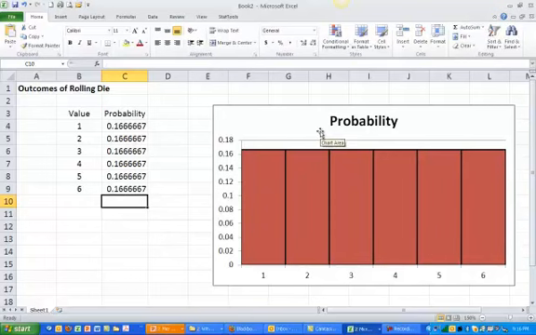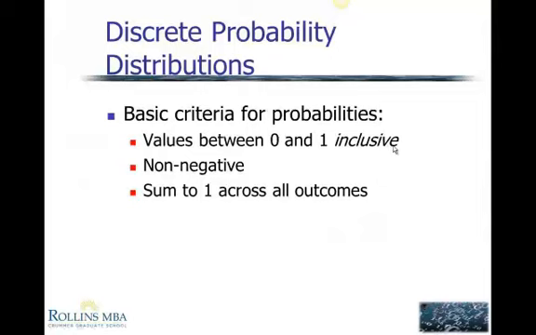What about the graph? Well, we'd expect each of the possible values 1 through 6 to have exactly the same probability. So here I've just generated a column chart, but we can see that the probabilities are all exactly the same. So graphically or in table form, we can represent the probability distribution.